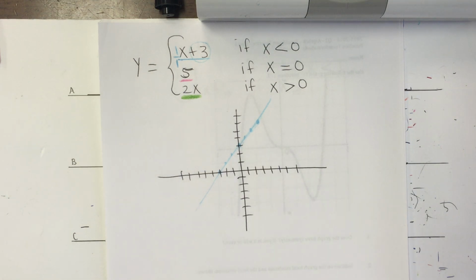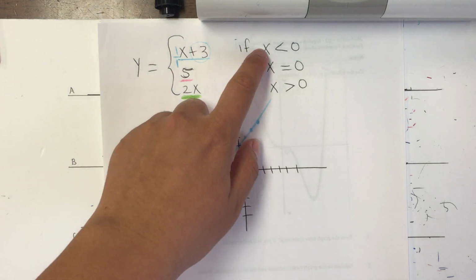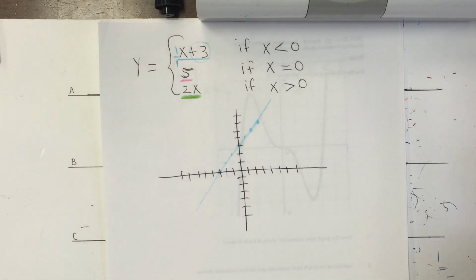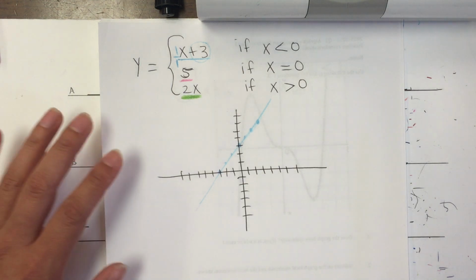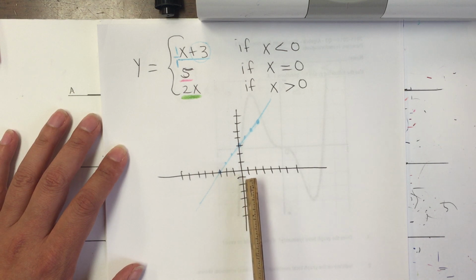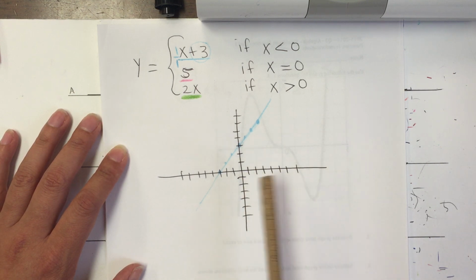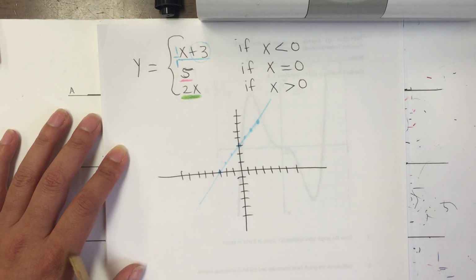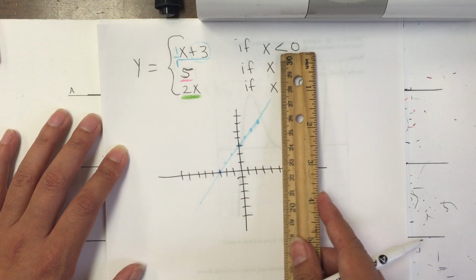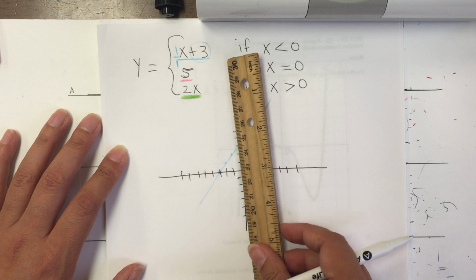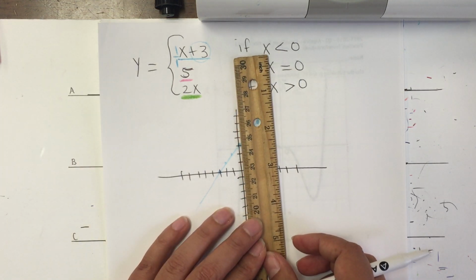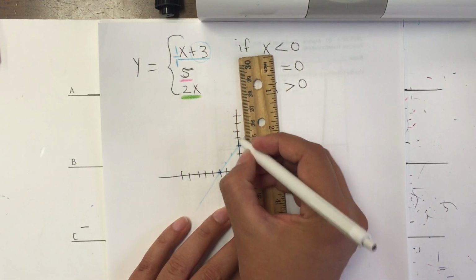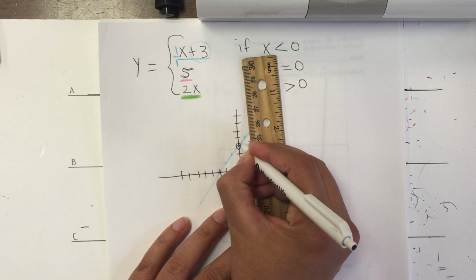Okay, but then it says that x is less than 0. So I'm going to use a ruler because it got a little confusing. When I'm saying x, it means that these are greater than 0, this is 0, and these are less than 0. So here it says x is less than 0. So I'm not going to look at the ones that are greater than 0. I'm going to put my circle here.